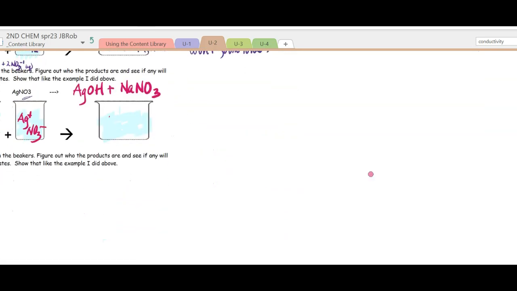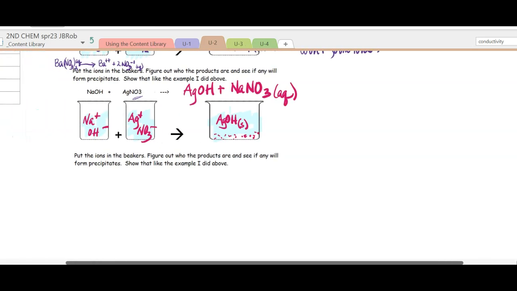All right, so when this AgOH forms, it's a solid that drops to the bottom, whereas this is just still dissolved. It's aqueous. So all of these dissolved in water, aqueous. Aqueous we pour together. But now we have a solid, AgOH. So it's not aqueous, it's a solid, isn't it?